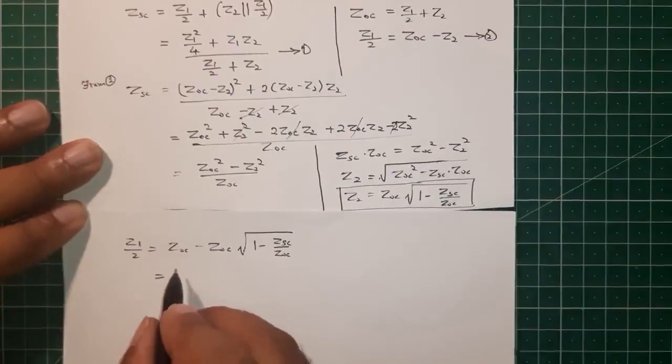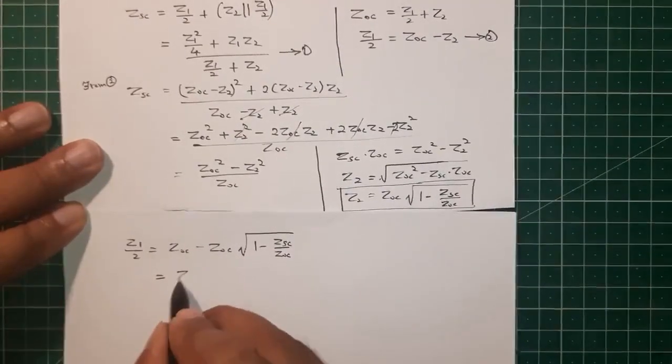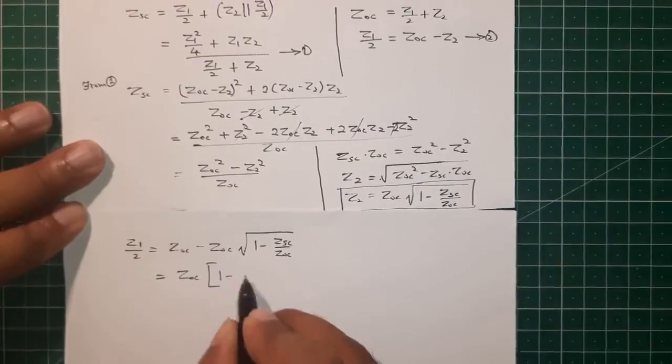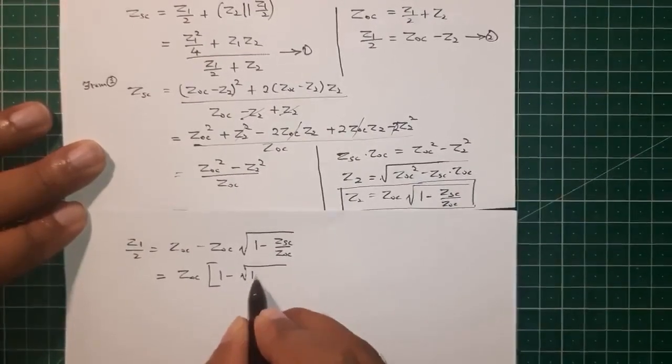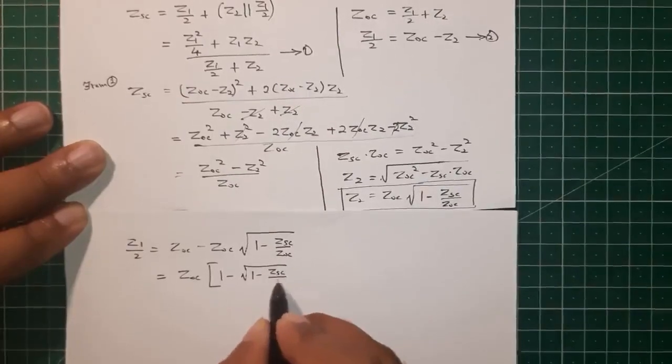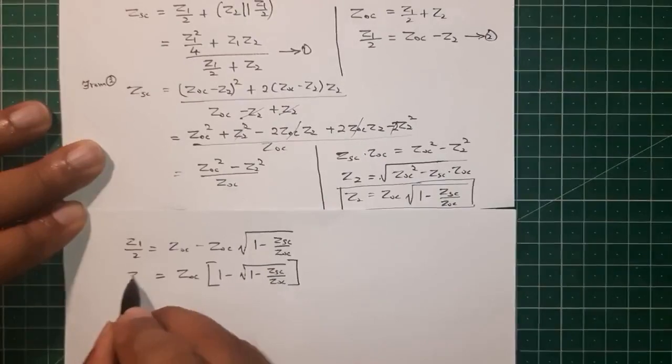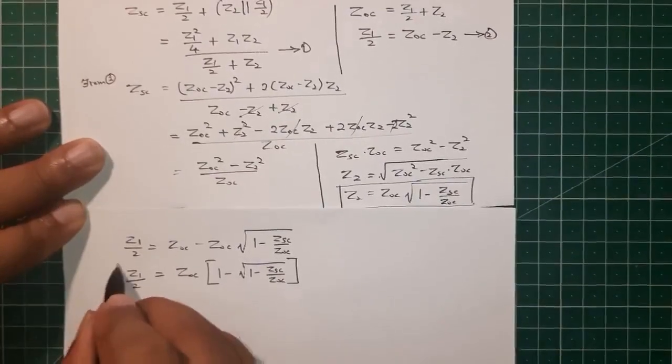On simplification we can bring ZOC outside. So it will be ZOC times 1 minus root of 1 minus ZSC by ZOC. So this is our Z1 by 2.